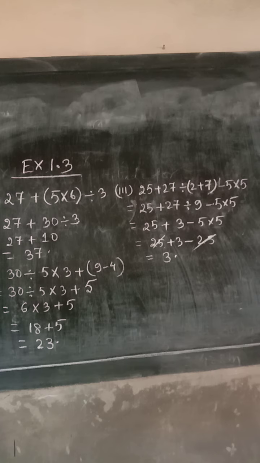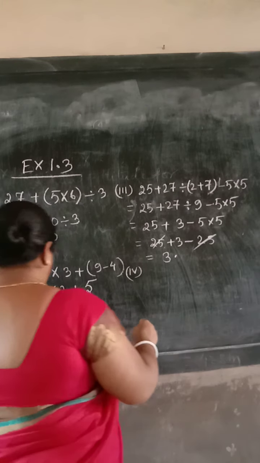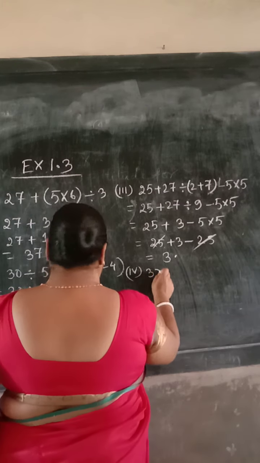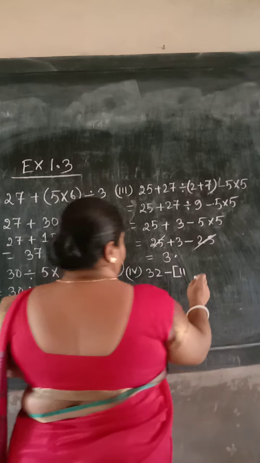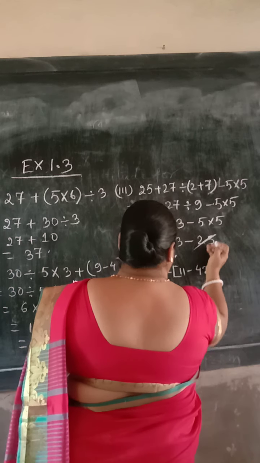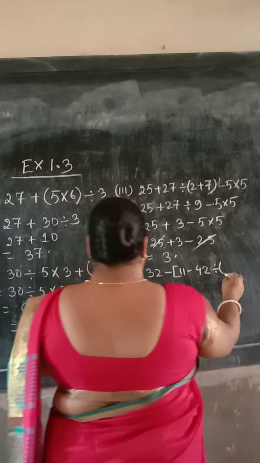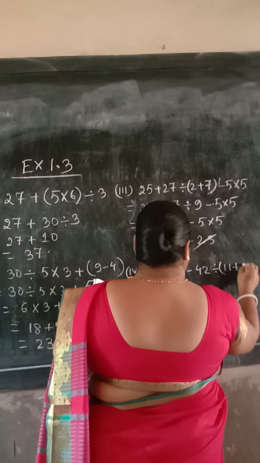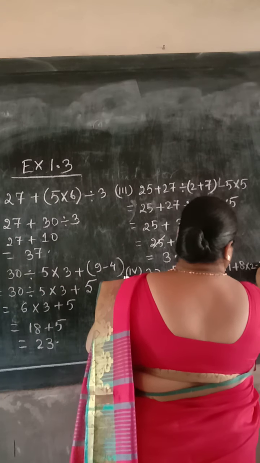Number 4, it says 32 minus 11 minus 42 divided by small bracket 11 plus 8 into 2 minus 20.